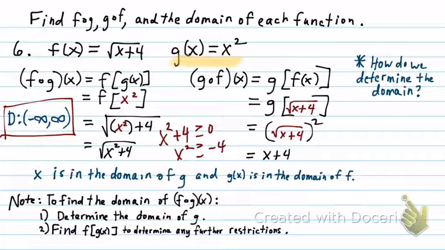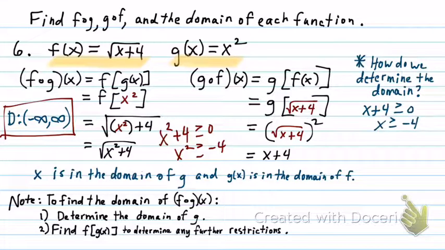Let's go ahead and look at g of f of x. Now I have to be careful, this is the opposite because it's g of f of x. So first of all, we want to look at f. What's the domain of f? Well, square root of x plus 4, we need x plus 4 to be positive or 0, so we set x plus 4 greater or equal to 0.